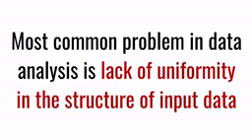Dear friends, in this tutorial we are going to cover the toDateTime method of pandas to see how it can be used to process dates and times. One of the common problems in data analysis is the lack of uniformity in the structure of input data.